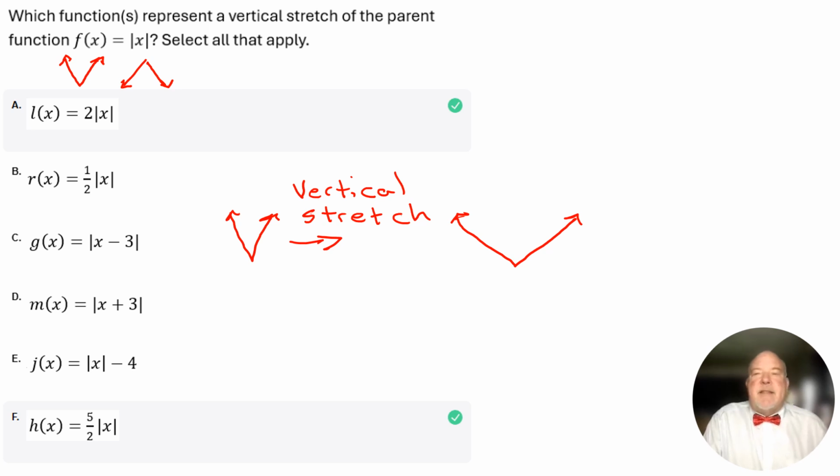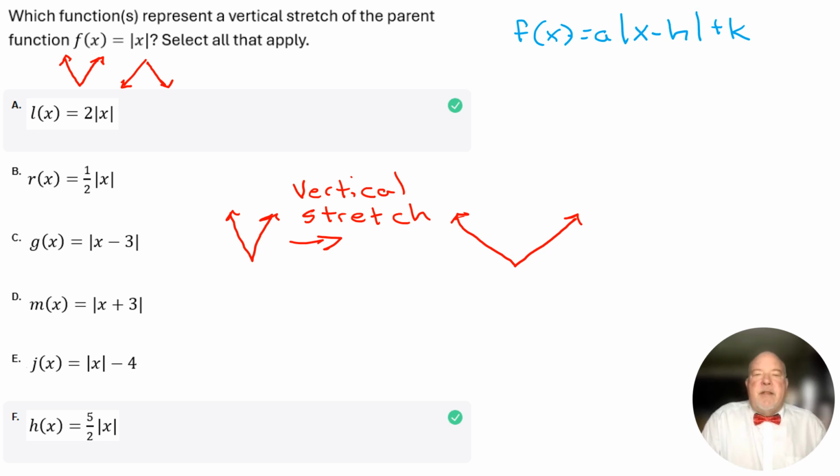So what causes that to happen? Let's look at the standard form of an absolute value function. The standard form is f of x equals a times the absolute value of x minus h, plus k.